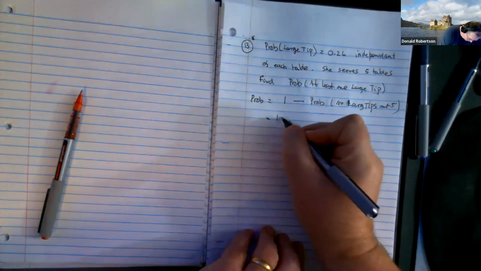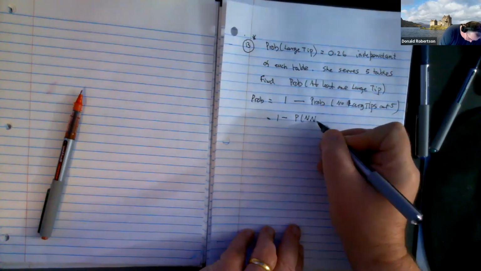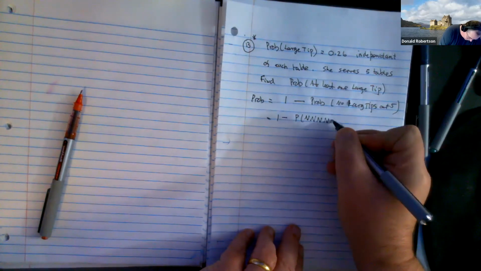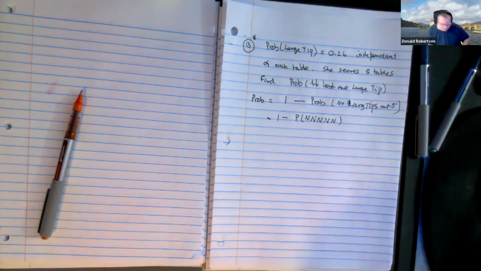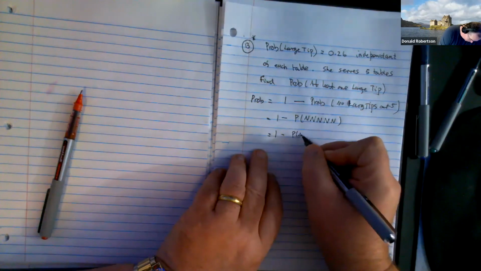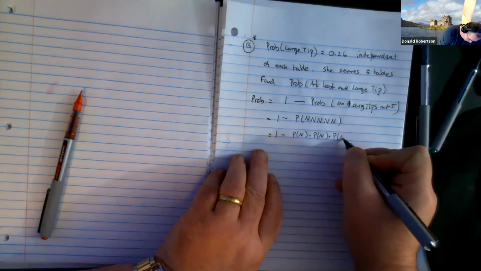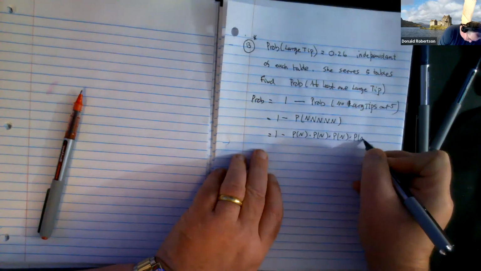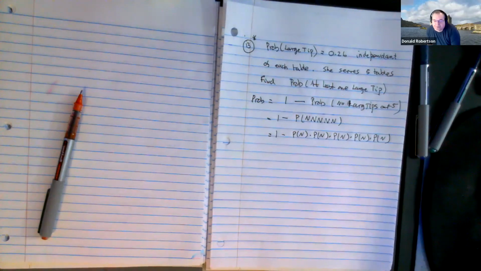Well, that's not getting a large tip, not getting a large tip, 3rd time, 4th time, 5th time. Agreed? 5 times in a row, she doesn't get a good tip. And that becomes the probability of not getting a large tip multiplied together 5 times.